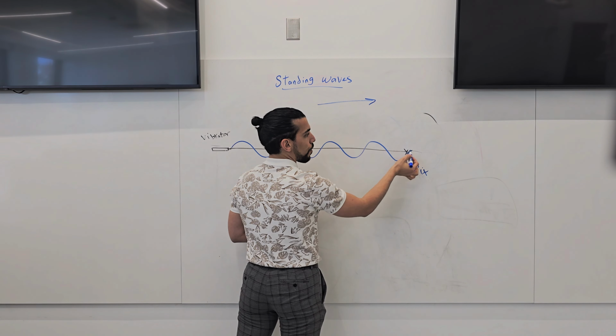It has 4 antinodes. So lambda is equal to 2L. Let's say the length is 1 meter. It has 2 multiplied by L, which is 1 meter, over N, which is 4. So this is going to be 0.5 meter, and this is the wavelength.